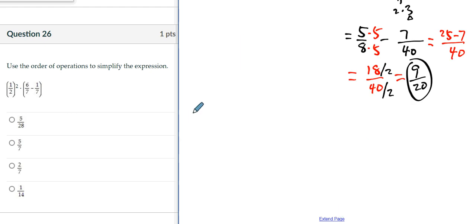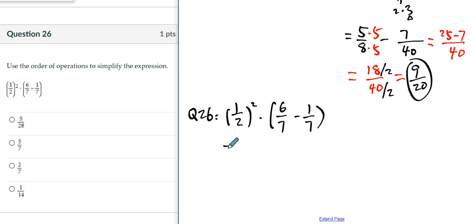26. 26, we have 1/2, then squared, times 6 over 7 minus 1 over 7. 1/2 squared is 1/2 times 1/2. Okay?